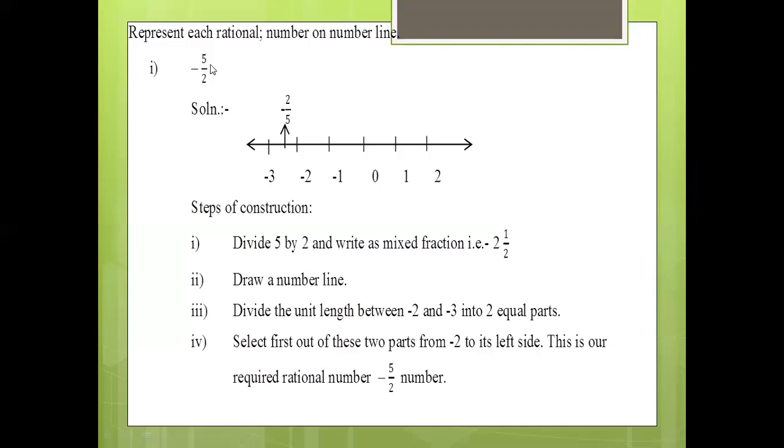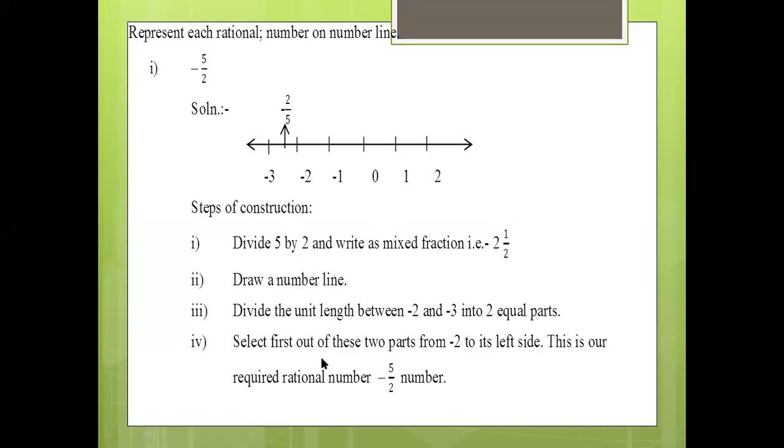This is minus 5 by 2. The negative sign shows that we draw this number on the left side of 0. So divide 5 by 2. You know how to convert an improper fraction into a mixed number. Divide 5 by 2 and write it as the mixed fraction minus 2 whole 1 over 2. Remember one thing: when you draw a rational number on a number line, you write its steps of construction.